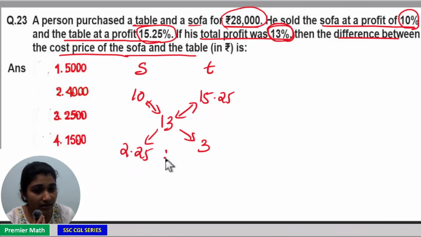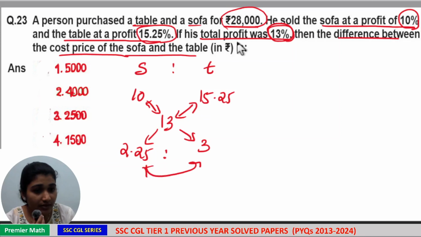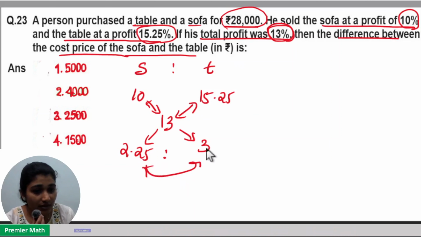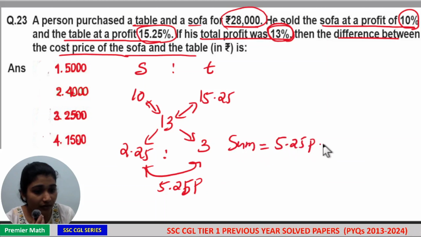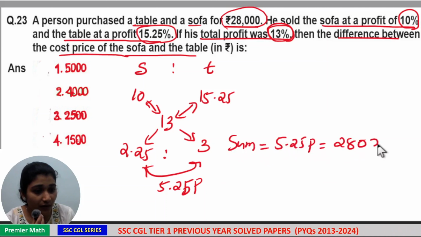Now the meaning is the cost price of sofa and table is in the same ratio of 2.25 is to 3. Now sofa plus table is equal to 28,000, meaning here 3 plus 2.25 is equal to 5.25 parts. So the sum here is equal to 5.25 parts, which is equal to 28,000 in the question.